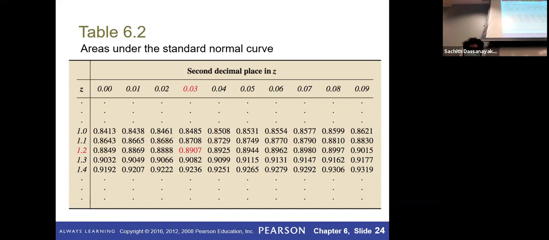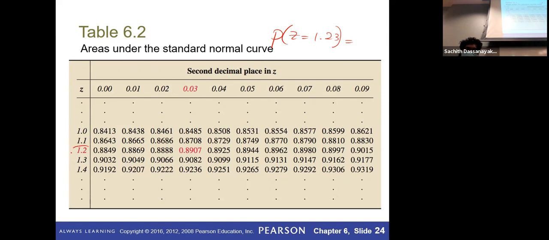Whenever you need to find a Z value probability, in this case I can show you. I'll write it like this. You know the symbols. So I need to find the probability for Z equals 1.23. I need to find the probability for this particular value.